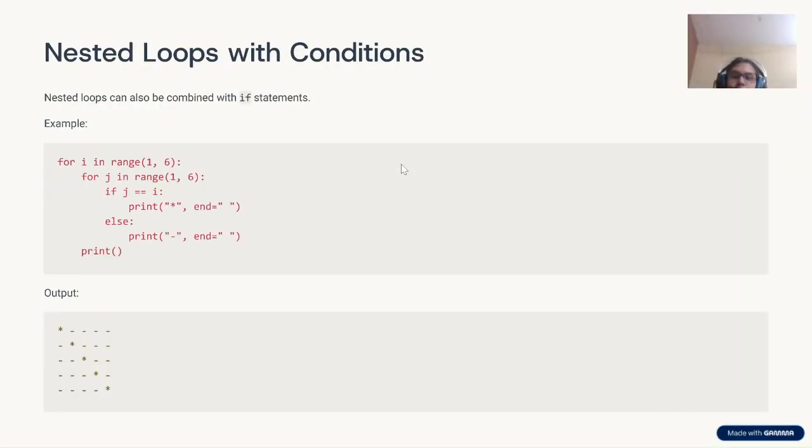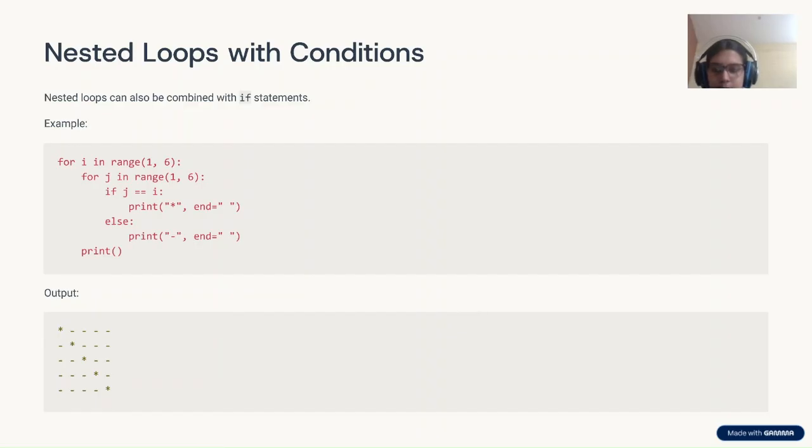Nested loop with conditions. Nested loops don't have to be used only for printing simple patterns. We can also put an if statement inside the inner loop, right? For example, here, if we want to print a diagonal, this star is in a diagonal, right? We only want the star when the row number and the column number are the same: 1 1, 2 2, 3 3, 4 4, 5 5, right?